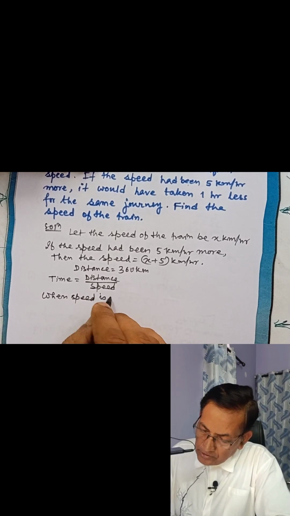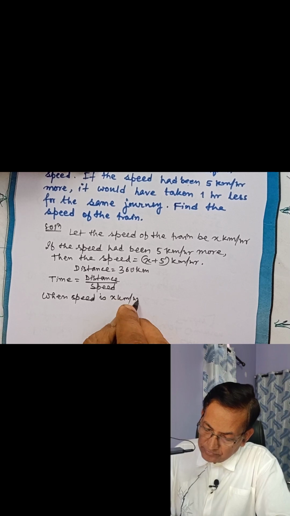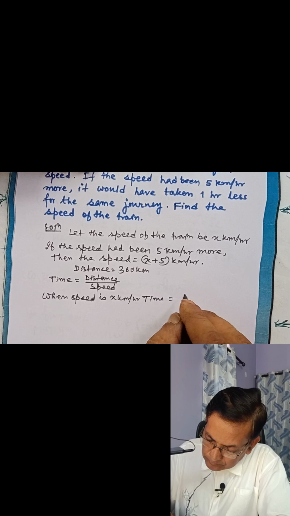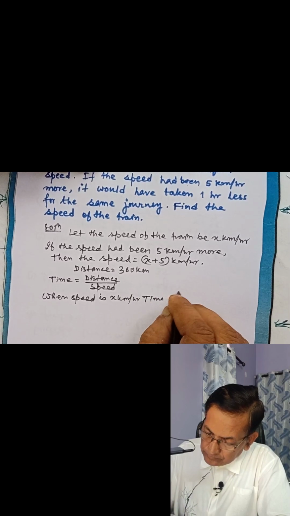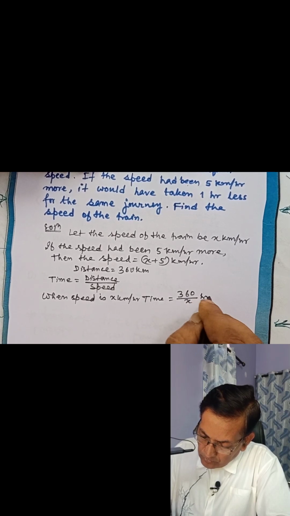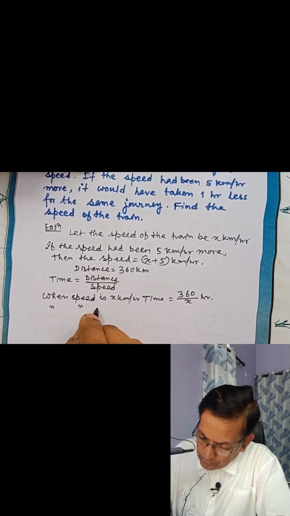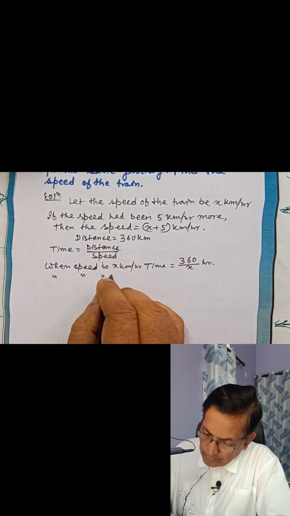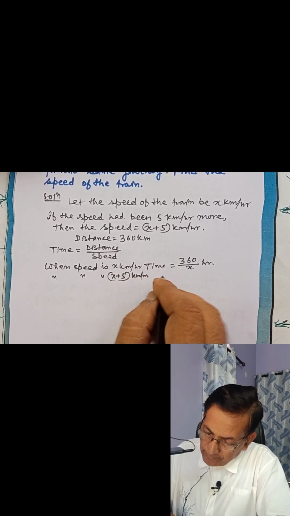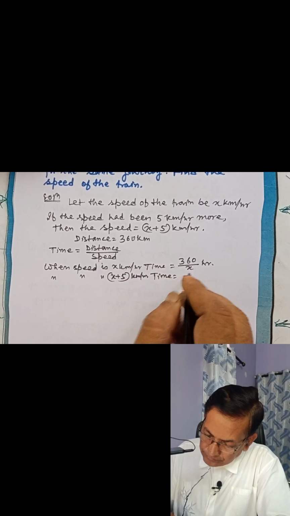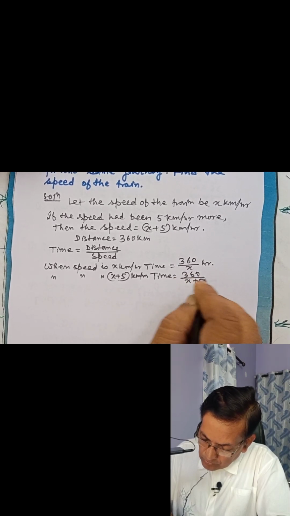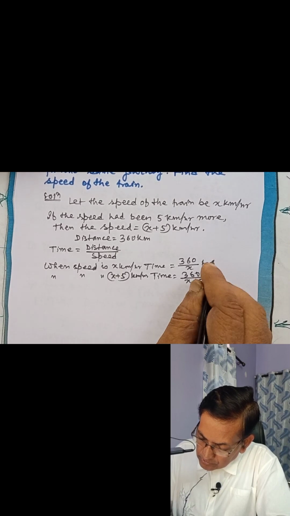Speed is x km per hour, time is equal to 360 divided by x hours. When speed is x plus 5 km per hour, time is equal to 360 divided by x plus 5 hours.